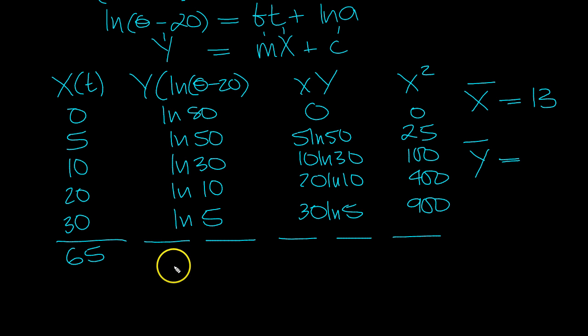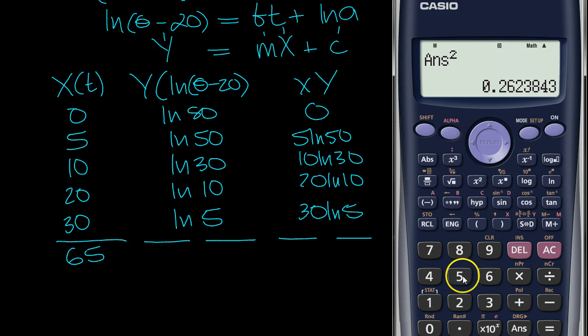Okay, so we could do that then, couldn't we? And then we've got this to add up as well. So we've got ln 80, let's just do this quickly, plus ln 50, plus ln 30, plus ln 10, plus ln 5.